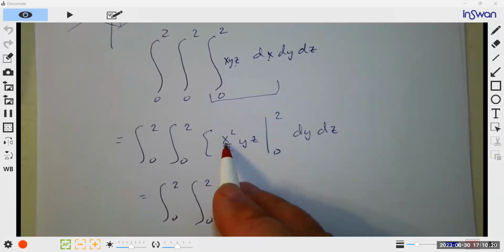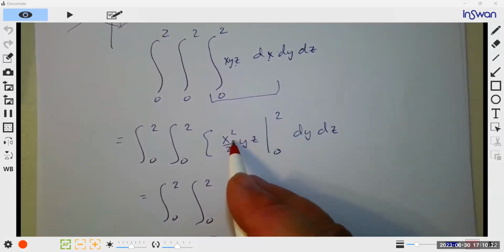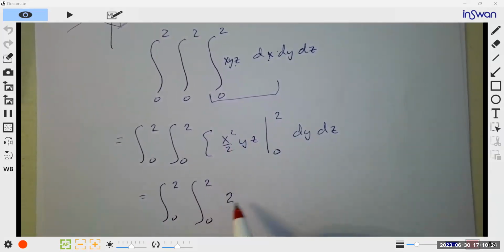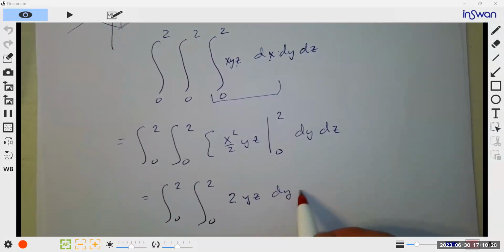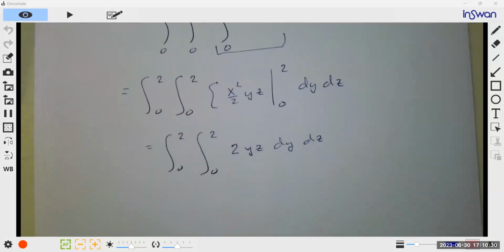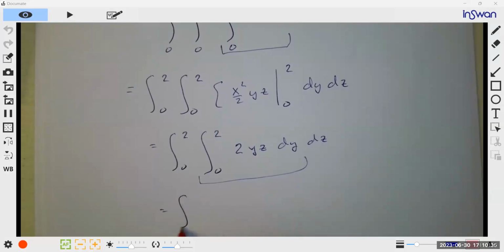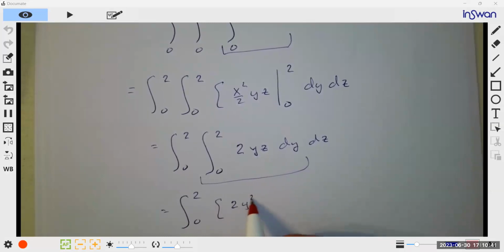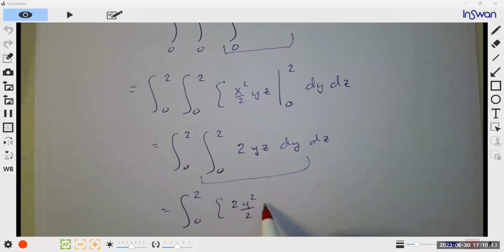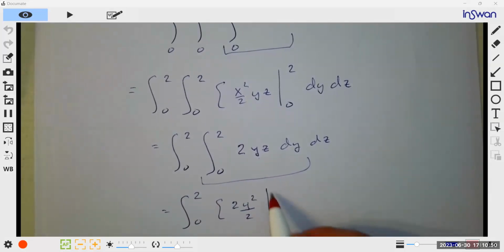So this is going to be 2 squared is 4 over 2 yz minus 0. We do the same thing, 0 to 2. Integrate with respect to y. We get y squared over 2 from 0 to 2.